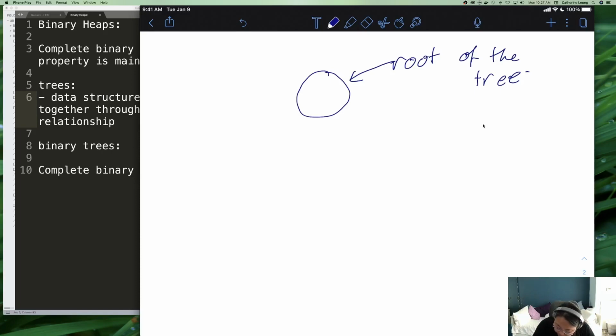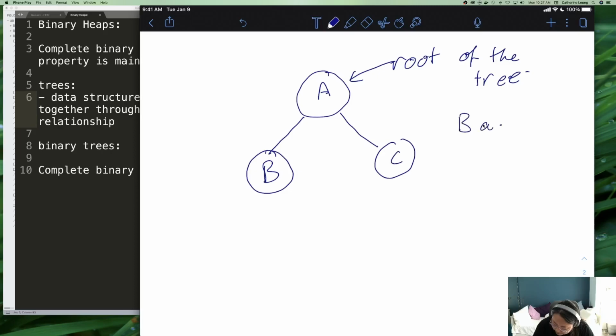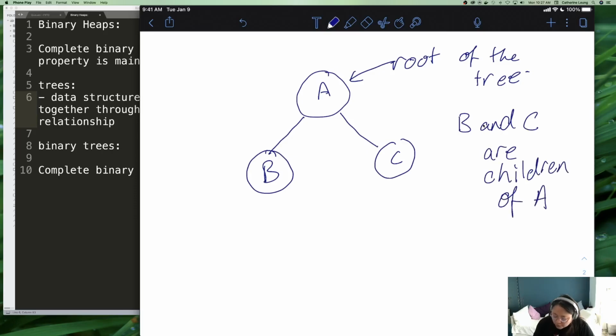We care about it. Now, for every node, you can have children. So B and C are children of A. The nodes that are directly linked with a single link to a node, like so.